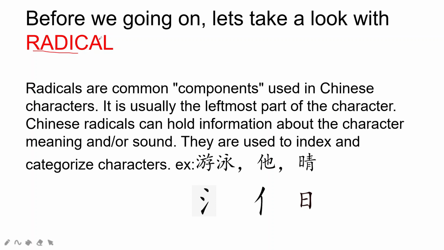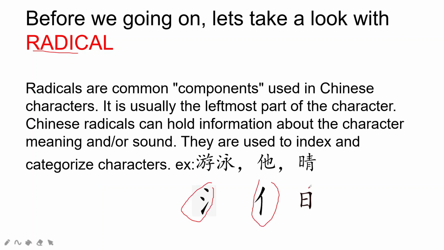But some of the radicals are the upper part or the bottom part, depending on the word. Most are the leftmost part of the character. The Chinese radical can hold some information about the character's meaning or sound, but mostly it is information about the meaning. Seldom is it sound. They are usually used to index and categorize the characters. So you can see these three things.